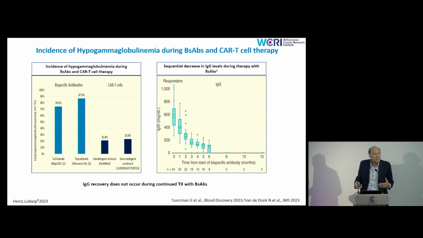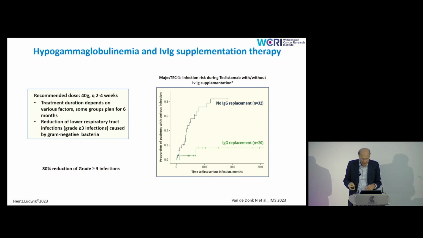And the question which is relevant for all of us, does it really matter if we supplement IgG in those patients? There are very few data. The most important data have just recently been published. This is from the MajesTEC-1 trial, and Niels van de Donk has presented this data at the International Myeloma Society meeting in Athens.